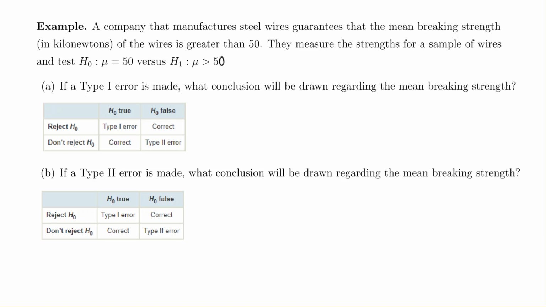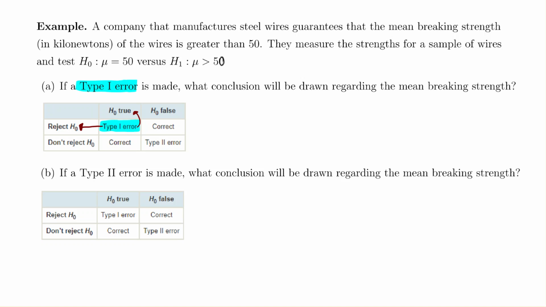Okay. If a type 1 error is made, so we ran the test, we concluded correctly based on the test, but it turns out it's not correctly representing reality. In fact, we have a type 1 error. Well, look in the chart. This is where a type 1 error is. It's from the H0 is true column, but it's in the reject H0 row.